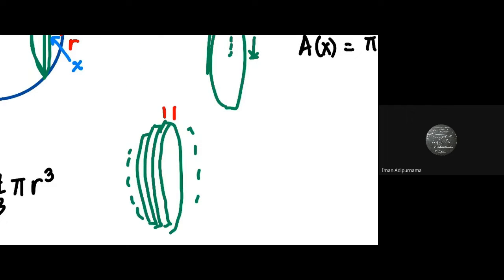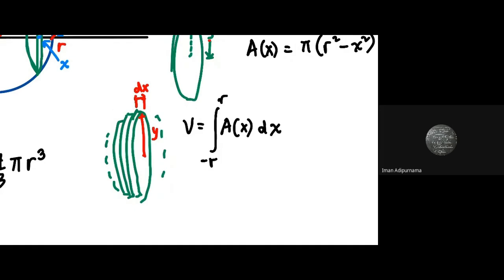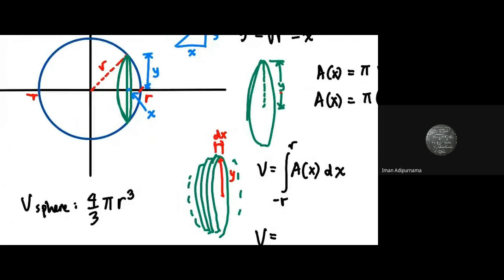One slice, a disk, will have a thickness of dx and a radius of y, and then we add all those slices. We can define those summations as the integral from negative r to r of area multiplied by dx, and the area in this case is a function of x. We already defined it in the equations above.